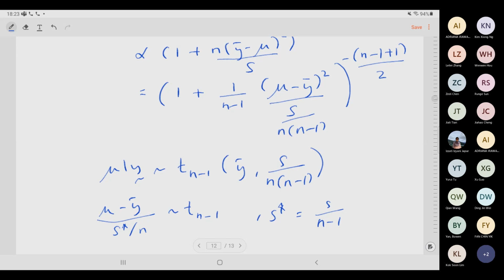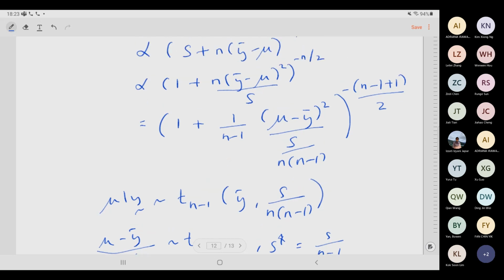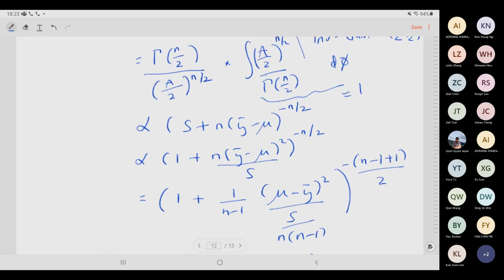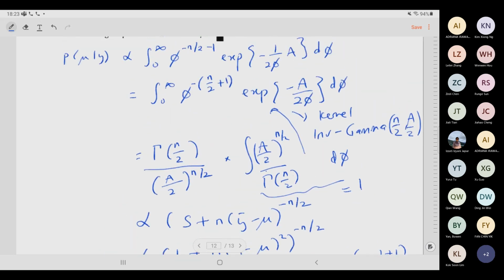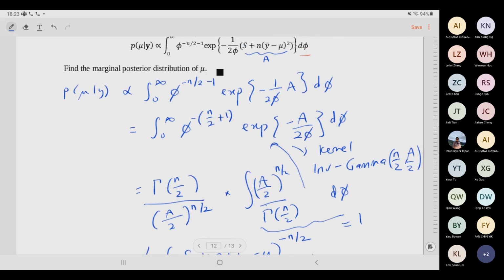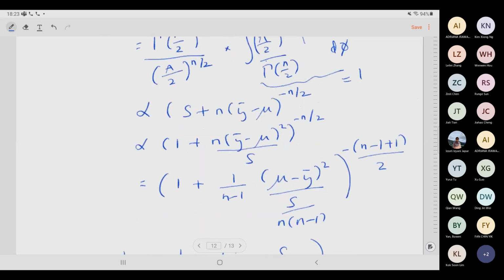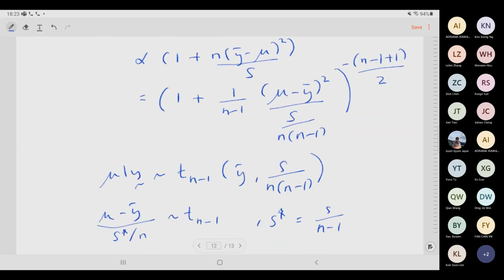I'll check that after this. Anyway, if I were to find the marginal posterior for mu, then mu will have a non-central t distribution with these two parameters.